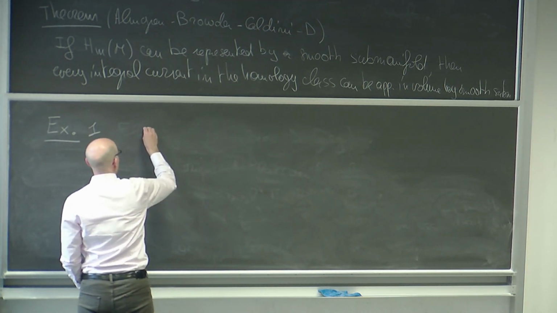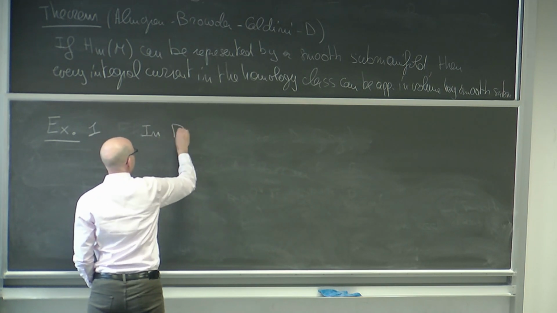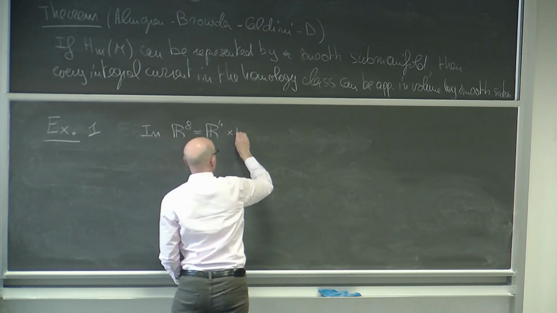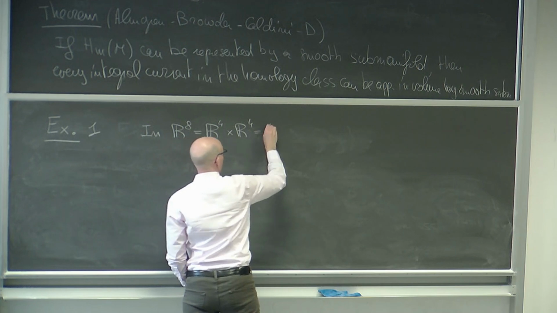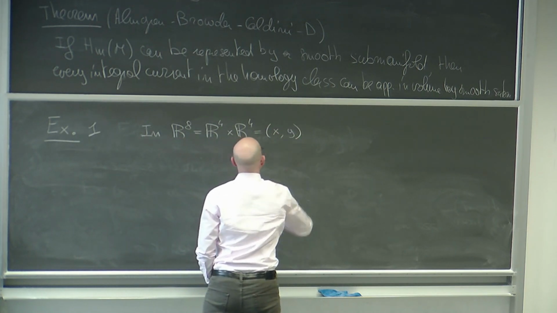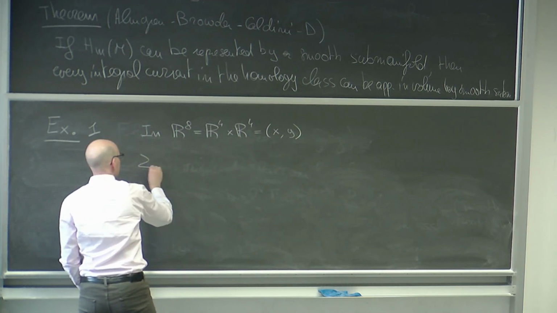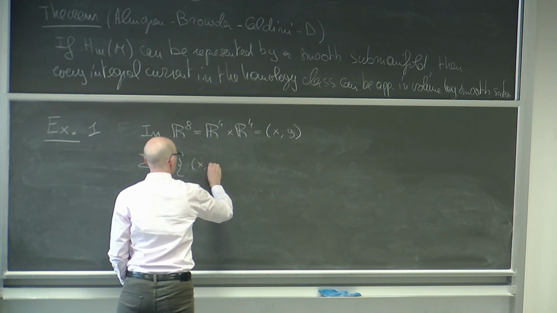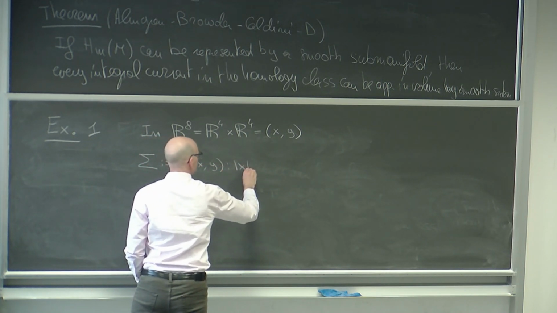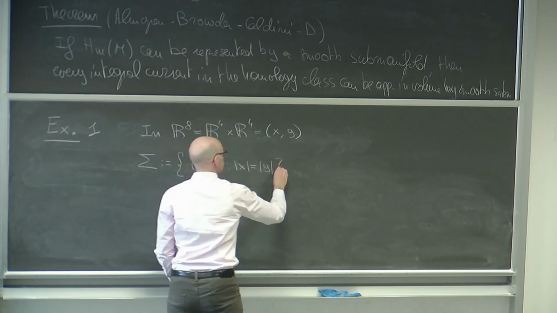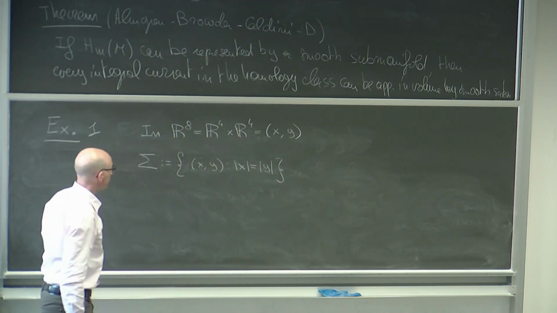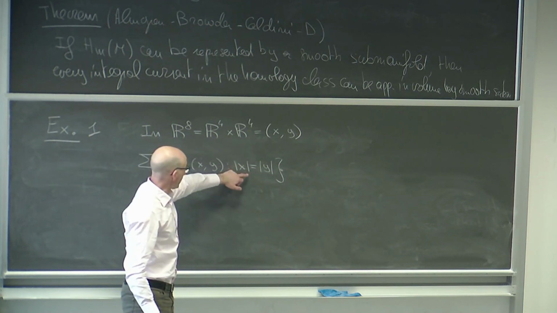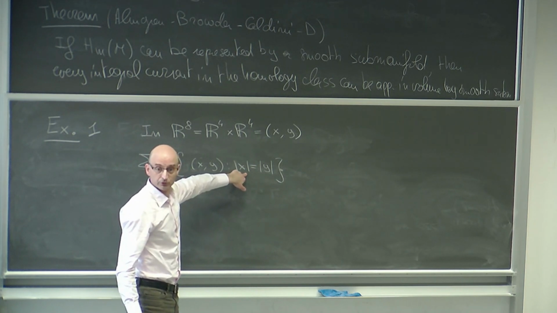Take, in R8, which I'm going to write as R4 times R4, with coordinates, say, x, y, sigma to be the set of (x, y) such that the modulus of x is equal to the modulus of y. If you intersect it with the unit sphere in R8, you're actually going to have the product of two three-dimensional spheres.